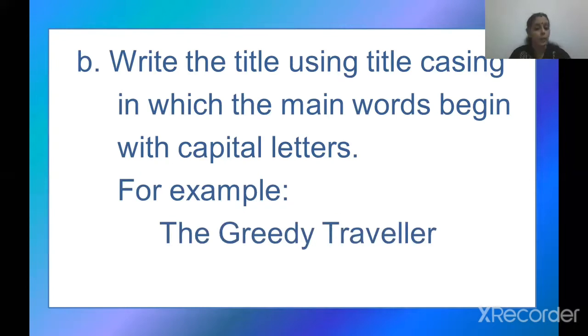Since it's the first letter, T will be capital. Greedy, G has to be capital, and Traveler, T has to be capital. So the main words of the title will begin with a capital letter.